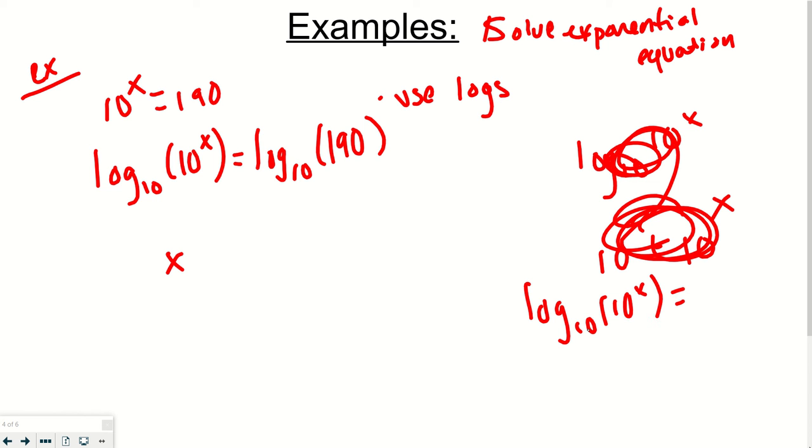If you have some log with a base, and then inside the parentheses it's the same as the base, then that's just going to be 1 times x, which is what I have here. So if I'm using some log here, it better be the same here. So let's say if I had log base 3 of 3^x, then this would just be 1x again. So if this base is the same as the base inside the parentheses, then it'll just be 1.